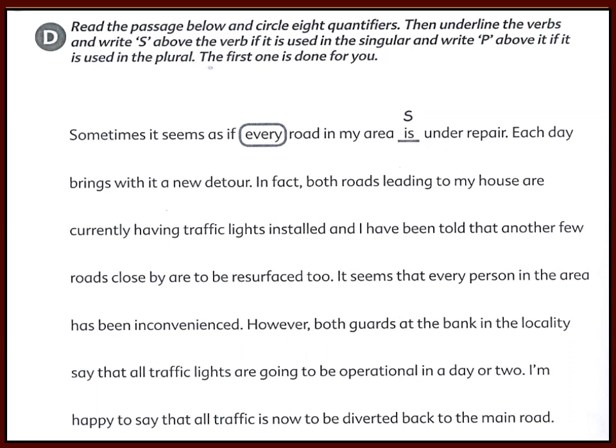Whenever you have a difficult question, remember one thing: solve that in different parts. For example, here I will just circle 8 quantifiers. So let's start our work. We will just make the circle around the quantifiers here.